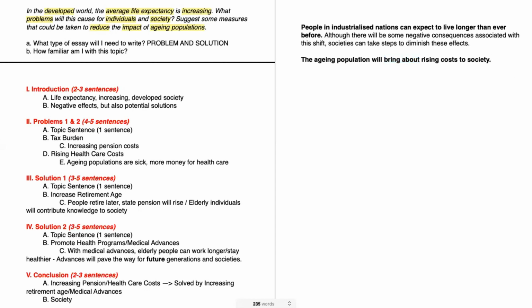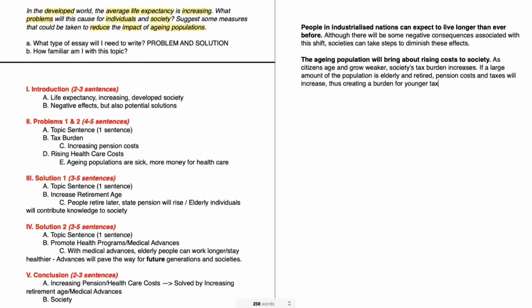And I'll continue and I'll say, as citizens age and grow weaker, society's tax burden increases. Now this is B. Okay, this is my explanation and detail of a problem. Now for my example, I'm going to say if a large amount of the population is elderly and retired, pension costs and taxes will increase, thus creating a burden for younger tax-paying individuals.